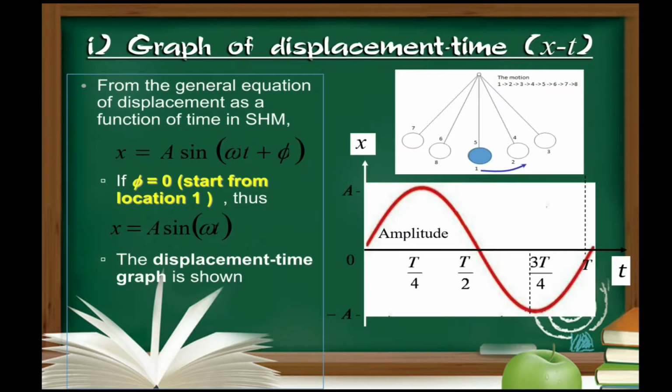First, we're going to see a graph of displacement x versus t. From the general equation, x equals A sine(omega t plus phi). Remember what A is? A is the amplitude. Omega is the angular velocity. And this is what we call the initial phase.